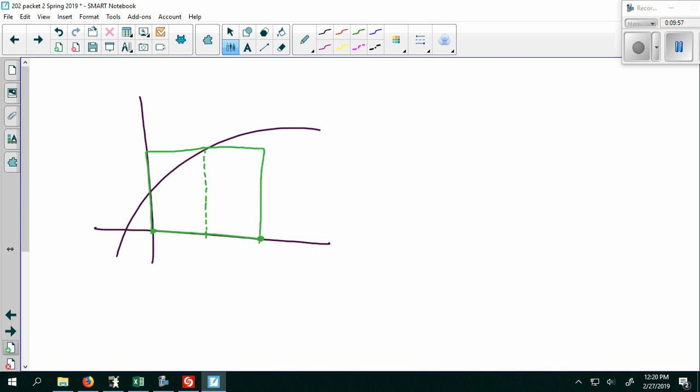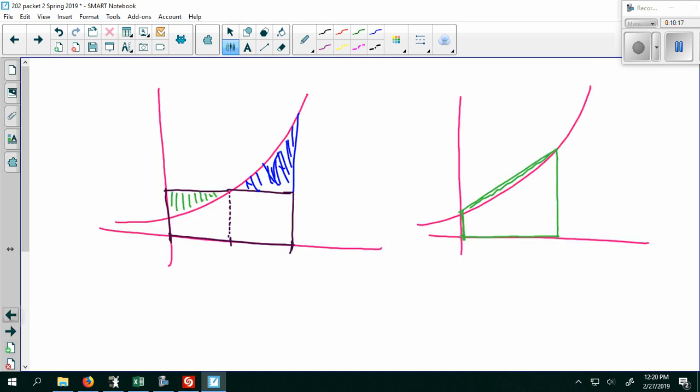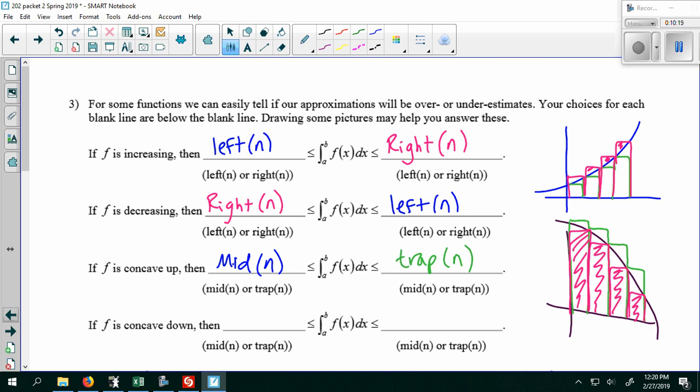And now I need to compare the part that is above the curve, this chunk that's above the curve, and then this chunk that's below the curve. So it looks like the above the curve chunk outweighs the under the curve chunk. So overall, this is an overestimate. So mid is an overestimate when we're concave down. So mid goes over here because it is greater than the exact value of the integral.